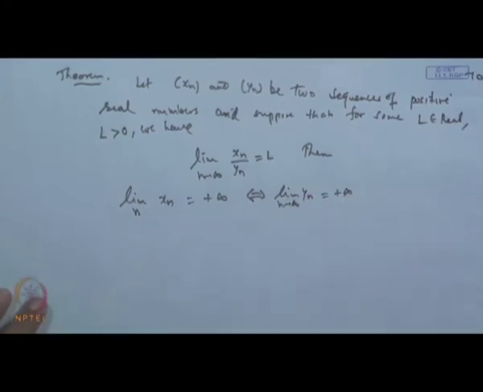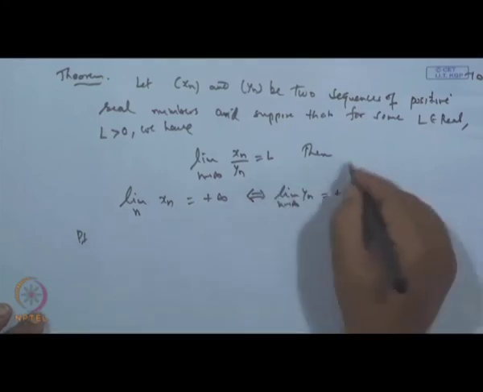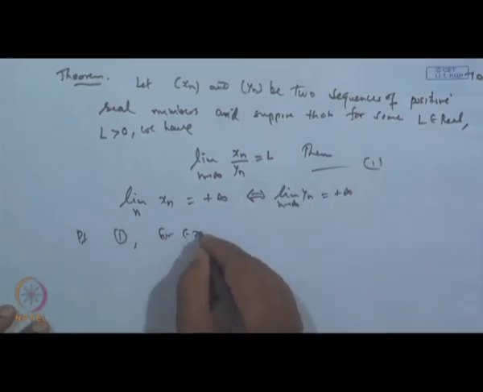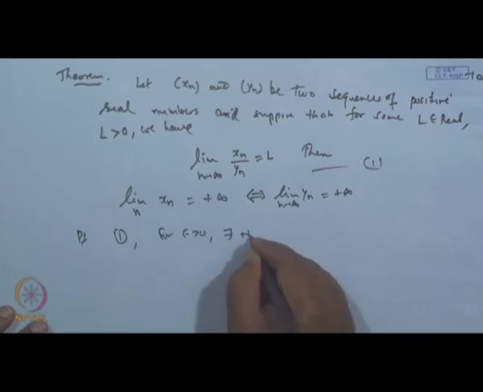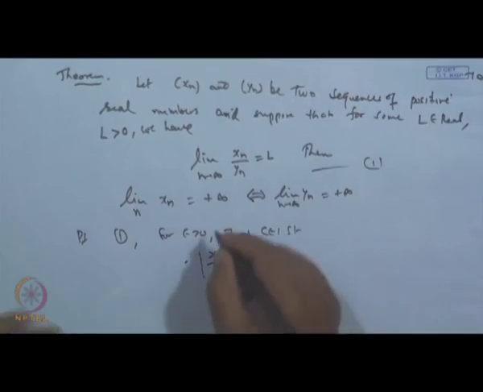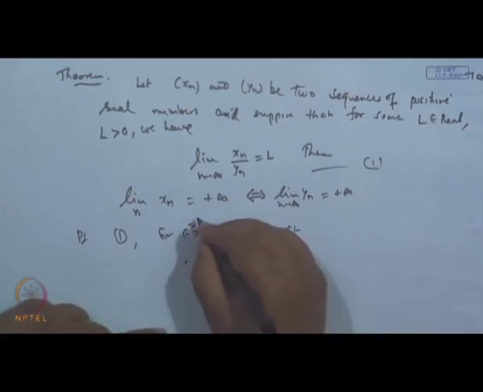Okay. The proof is very simple. This is given. So, from 1 we say for given epsilon greater than 0 there exists an N depending on epsilon such that mod x n by y n minus L is less than epsilon, but epsilon I choose to be L by 2.